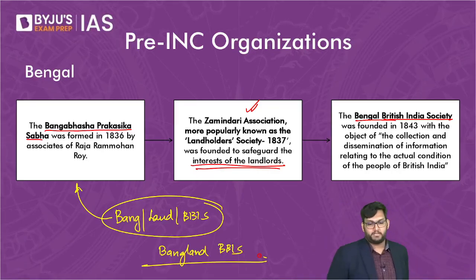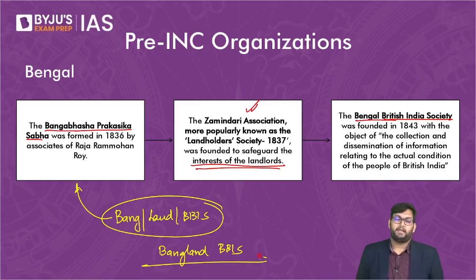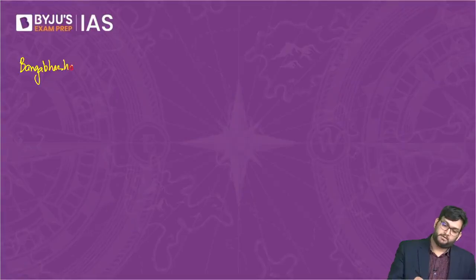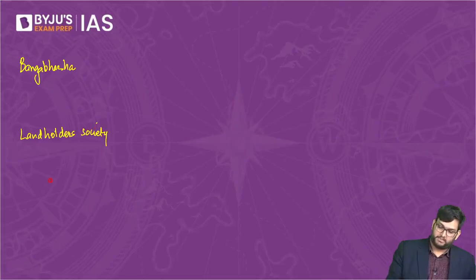Thereafter, Landholder Society, Land, and BBIS, Bengal British India Society. So this is the first set. You have Banga Bhasha, then you have Landholders Society, and then you have Bengal British India Society.